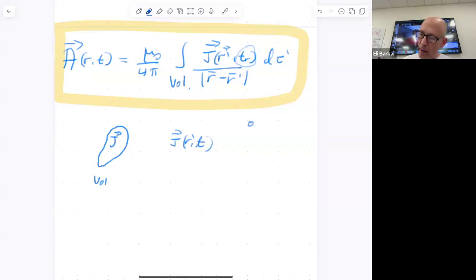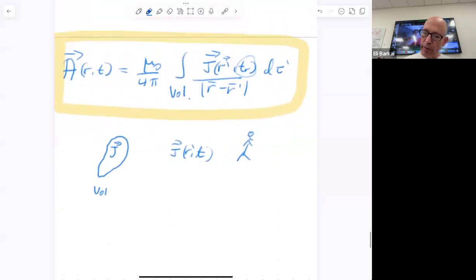And then I am looking as usual at some person that is far away, and I'm asking what is the potential, the vector potential A, and this is given by this equation. How do we get this? We get it from the Maxwell equations. So this is the formal solution of the Maxwell equations.